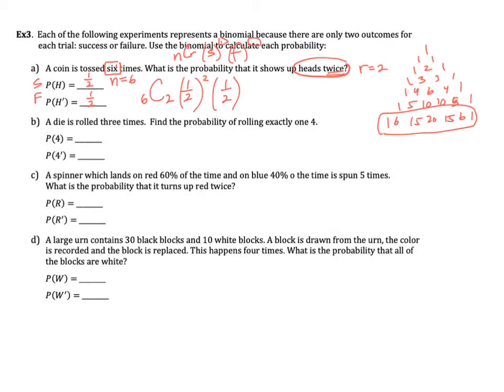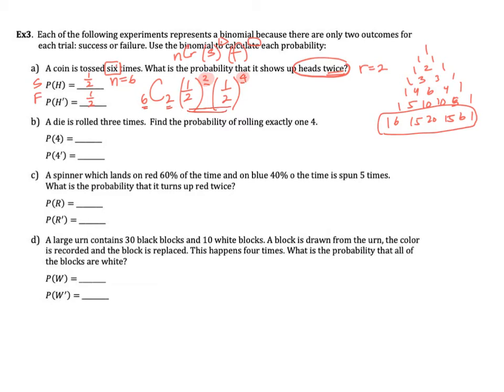Now what do I know about these exponents for this particular example? When I have this formula, I know that I have to take my n and subtract my r, or these two have to add up to the n, which is 6. So I'm going to have 6 choose 2, 1/2 to the second power, and then 1/2 to the fourth power. That's a little confusing because the probability of flipping and getting a heads versus a tails is the same probability, so it's hard maybe to decipher what we're doing here.